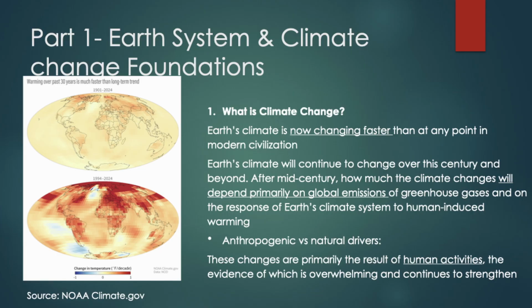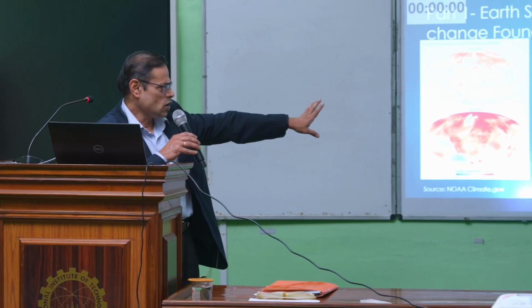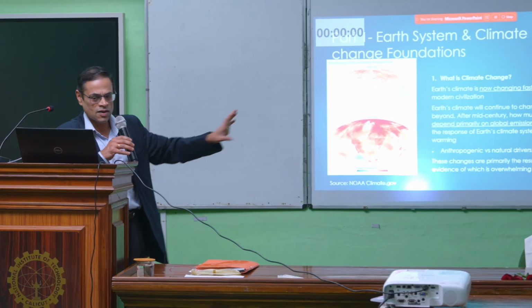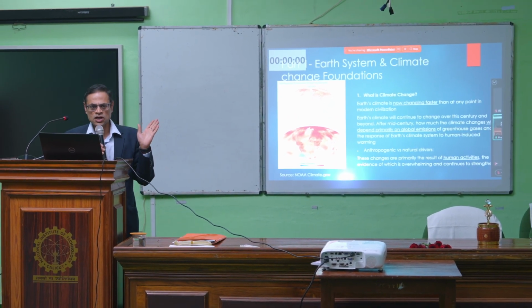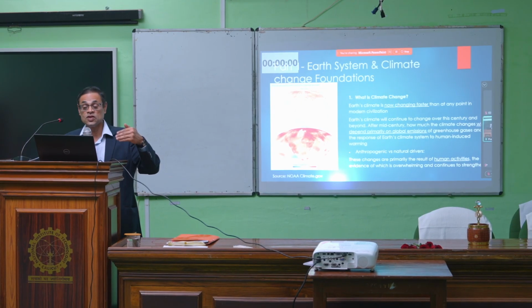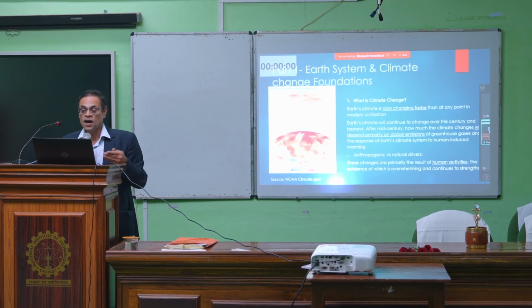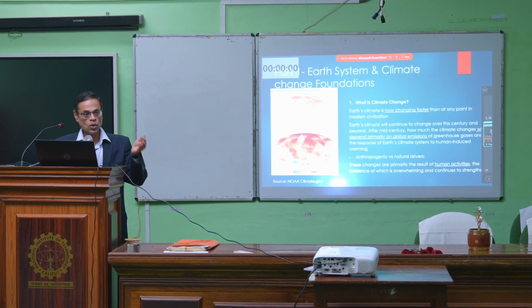I will come back to this graphic later, but this is squeezed here. What we are talking about is the basic thing about climate change. We all know that climate change is happening and the change is really fast and rapid. And it will continue to change over time.